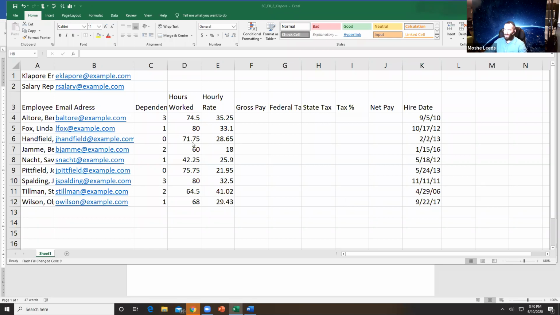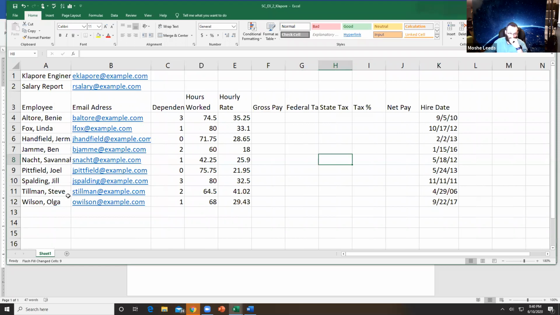So Khani, I think the question is, what happens if it didn't catch the first name? It only got the last name. So make sure that your cells in column A are exactly formatted. Make sure all your spacing is the same.